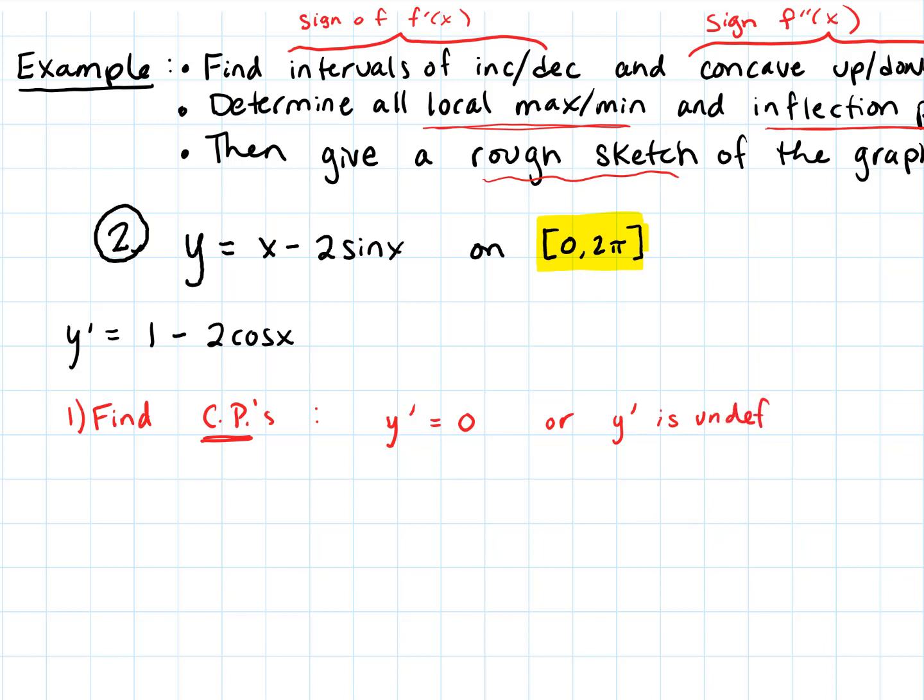Now, for this particular function, we have 1 minus 2 cosine of x. This is defined on all reals, from negative infinity to infinity. It is just a trig function. It's a shifted trig function, and not just any trig function. It's the cosine. Therefore, it has a domain that is all reals.